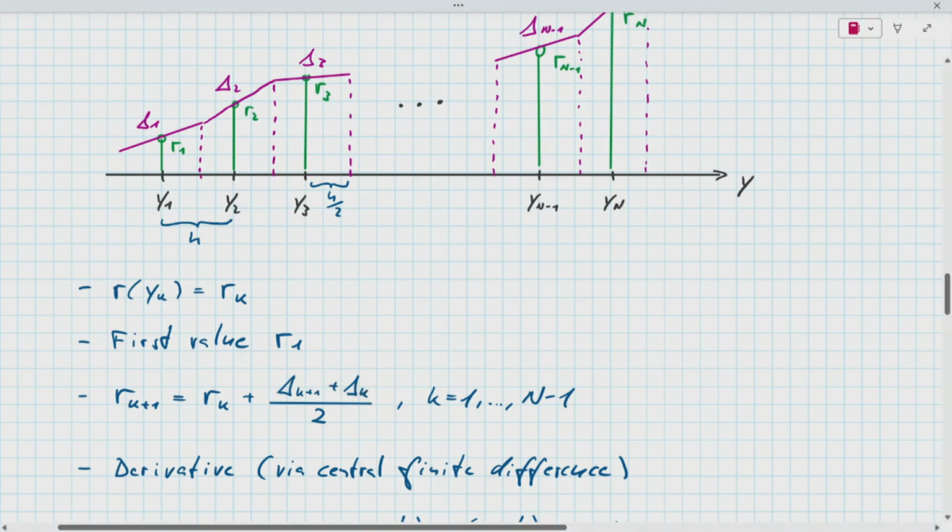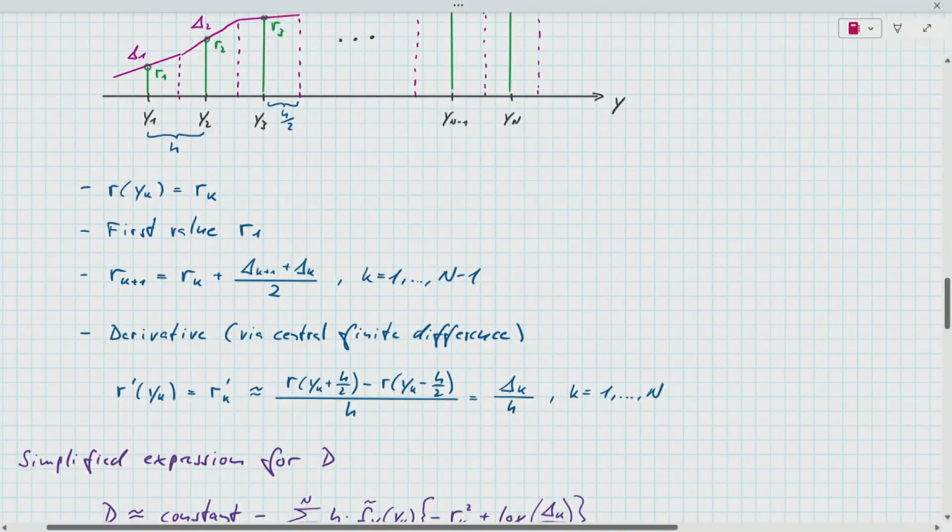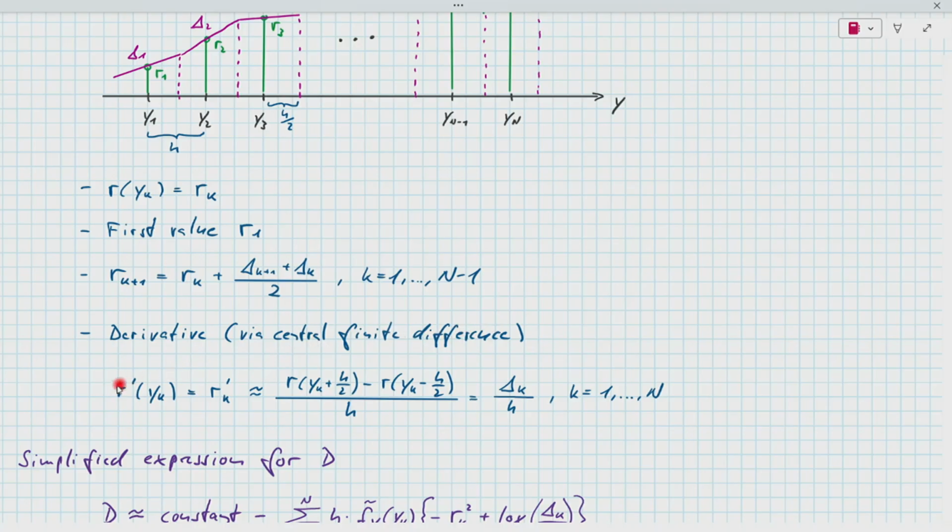The derivatives are obvious, they are these delta_k's divided by h, but you can also motivate it by calculating central finite differences. So r prime, the derivative at y_k, which we also call r_k prime, is approximately the underlying continuous function, let's say, if there were one, at y_k plus h over 2, so half the interval, minus r of y_k minus half the interval, divided by h.